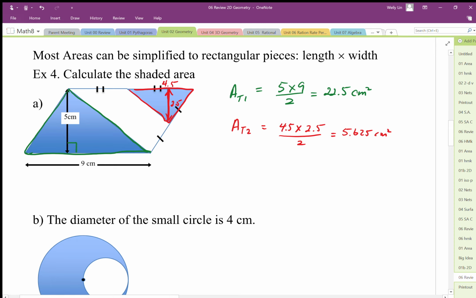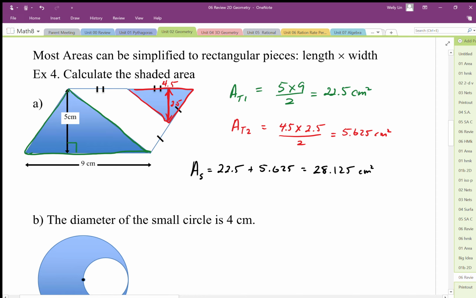So the total shaded area, when I add that together, is 22.5 plus 5.625, and that's going to give us an area of 28.125 centimeters squared. So that's one way to do it.